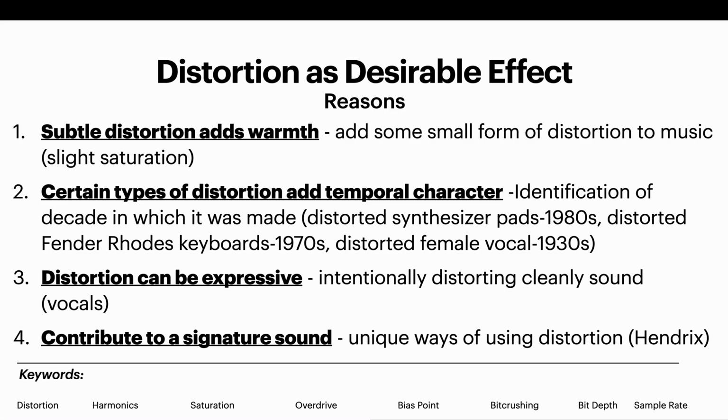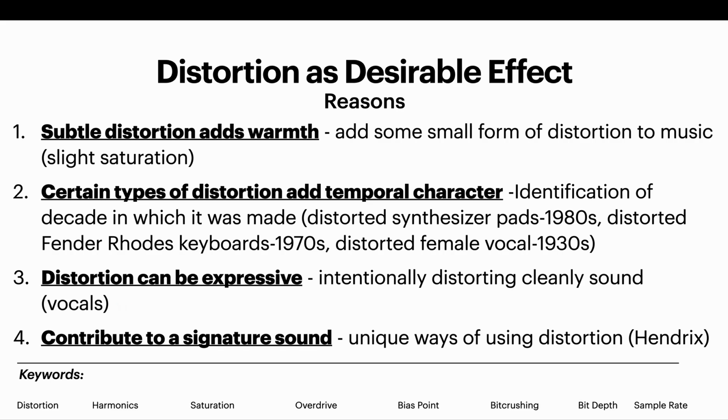You could also use distortion for certain character. So for example, if you wanted to have a distorted synth or a female vocal or whatever else, you could do this based on a certain decade that you're trying to emulate. The expressiveness, so intentionally distorting a vocal part, for example.